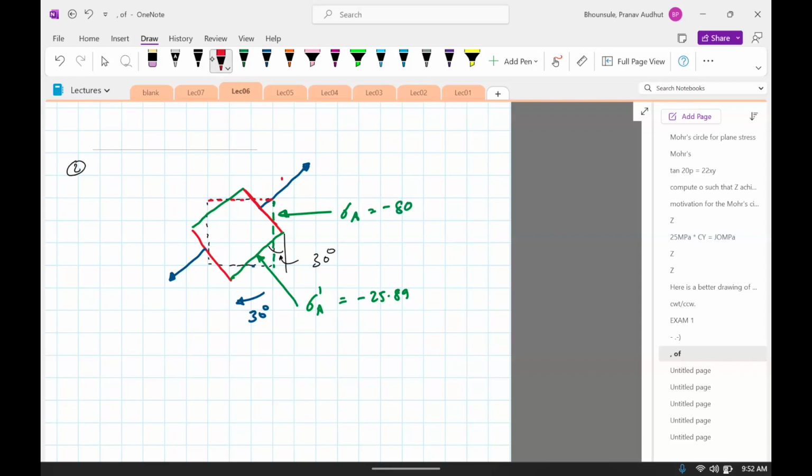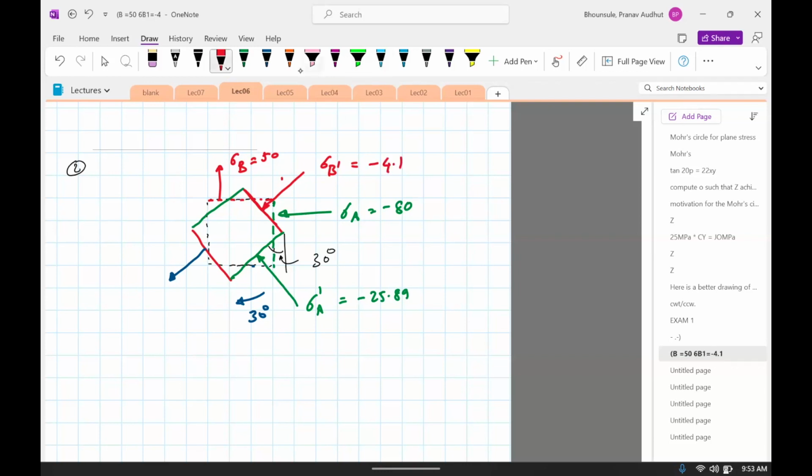For B, let's draw stress sigma B, that was 50 MPa. And so that would rotate this way. And this would be sigma B prime. And sigma B prime was computed to be, it's compressive 4.1, is that?